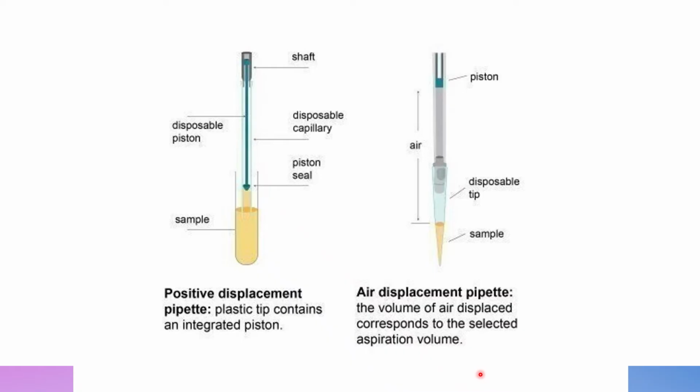But the piston does not touch the fluid. While for positive displacement pipettes class, the plastic tip contains an integrated piston. So it touches the fluid just like a hypodermic syringe. So that's the difference between the two types of pipette, air displacement and positive displacement.